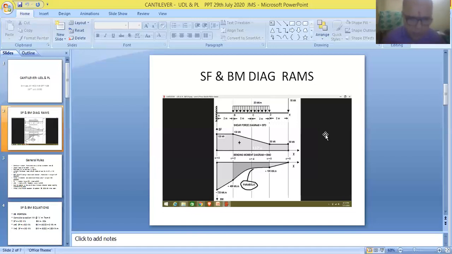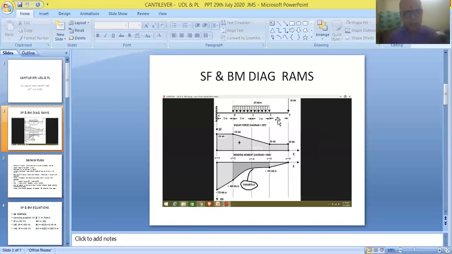Sometimes we often get problems on shear force and bending moment diagrams. Generally, figures are already given in the problem. If a figure is given, it's well and good.